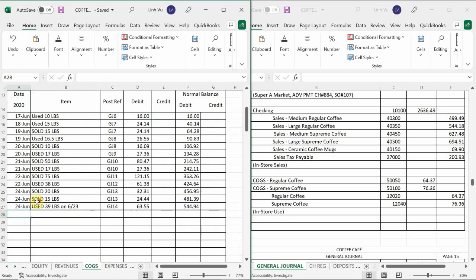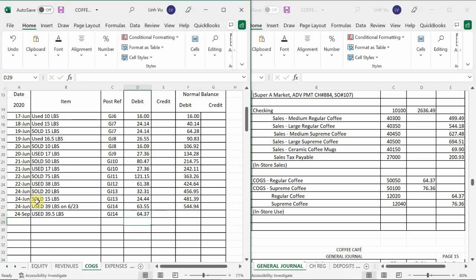We end up using 39.5 pounds for a total of $64.37.